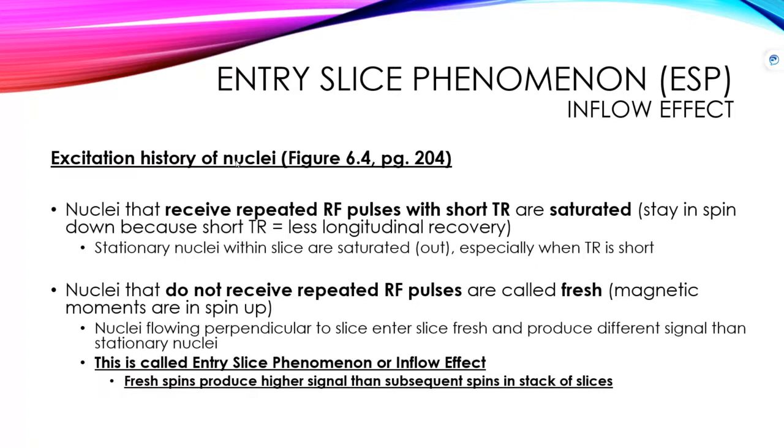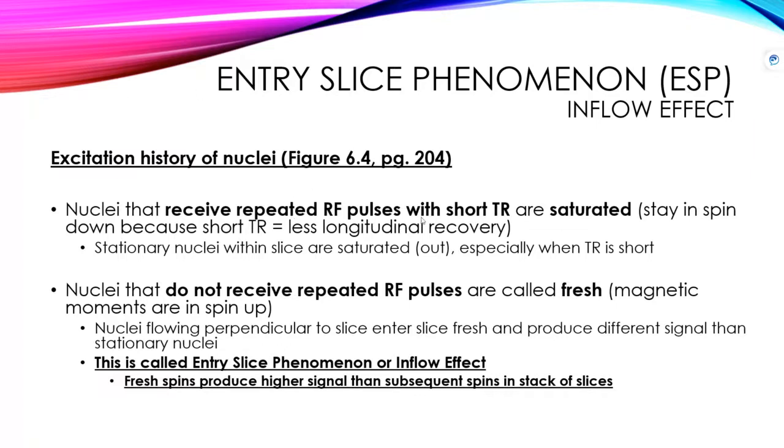And so eventually they're going to get saturated out because they're constantly being pushed into the transverse plane without enough time to fully relax. So that's really the excitation history of nuclei, whether or not you're going to be able to fully relax, whether you're fresh into an excitation cycle, or whether you've been completely saturated out.